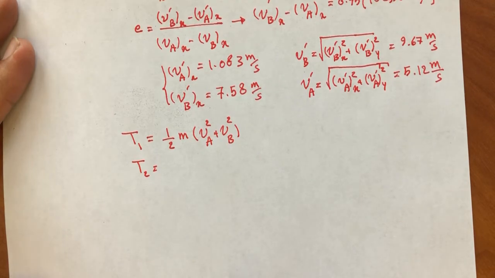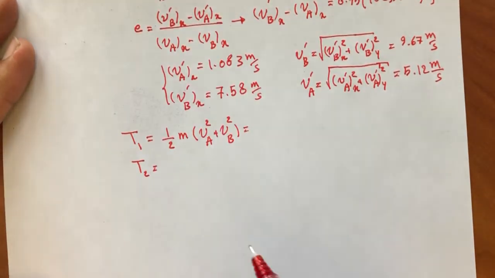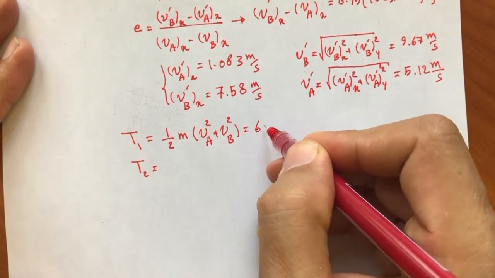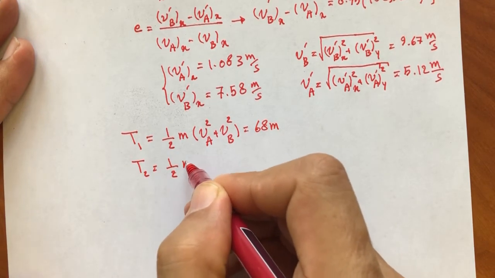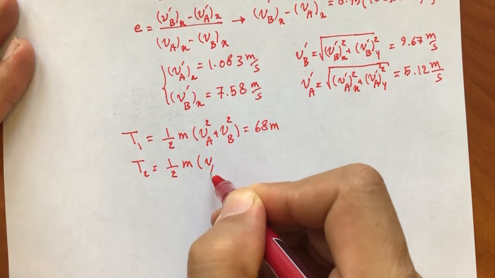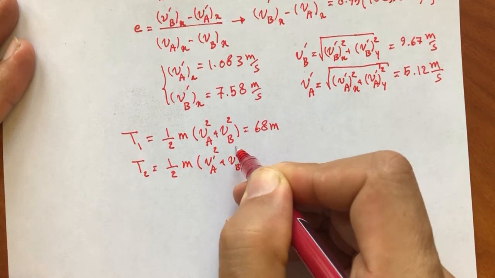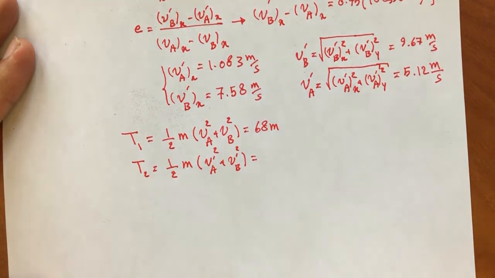If you plug in the velocities, which are 10 and 6, it's going to be 68 times mass. Same thing for after impact. It's going to be VA prime squared plus VB prime squared times 1/2 times m, which is going to be equal to 59.8 times the mass.